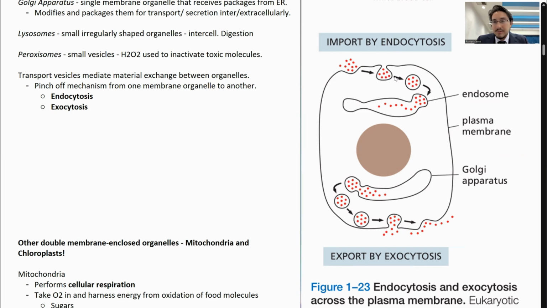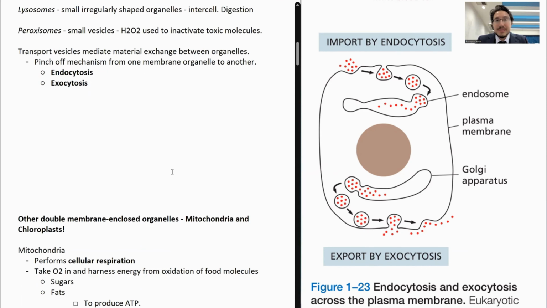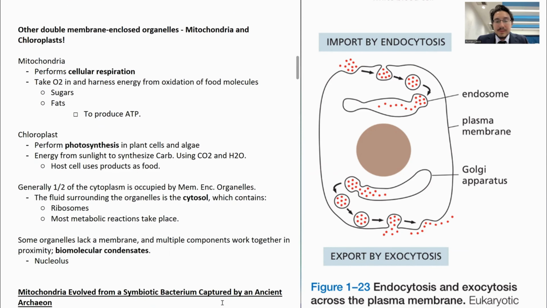And it'll go to wherever it needs to go, right? At the same time, if you want to expel material outside of the cell, you essentially will bud out a little vesicle to move to the cell membrane and export that material outside. So they're both kind of reverse processes, ultimately to move material.